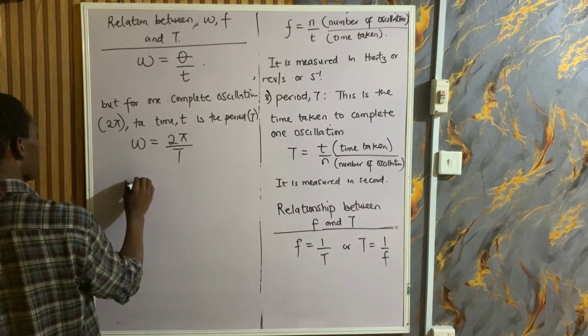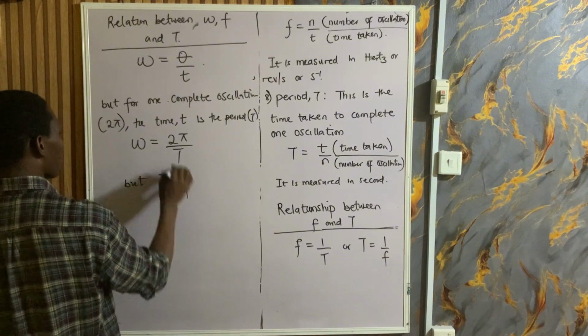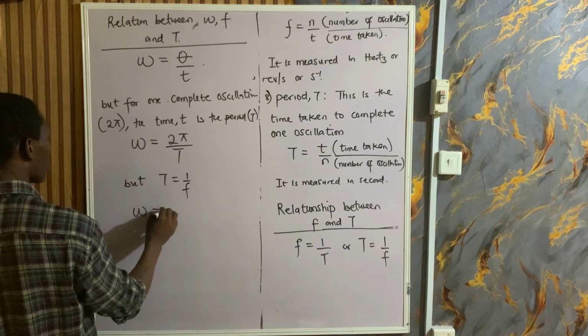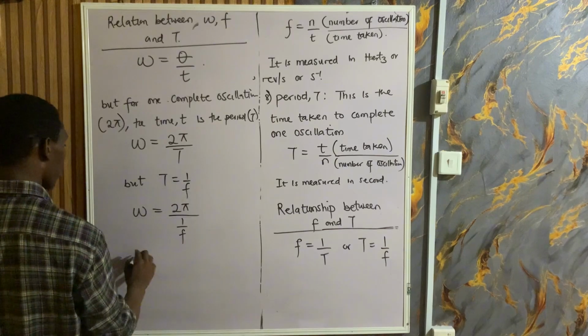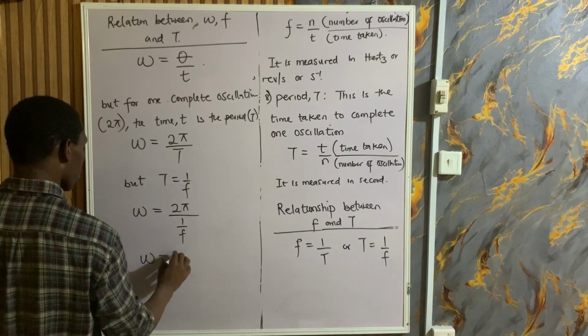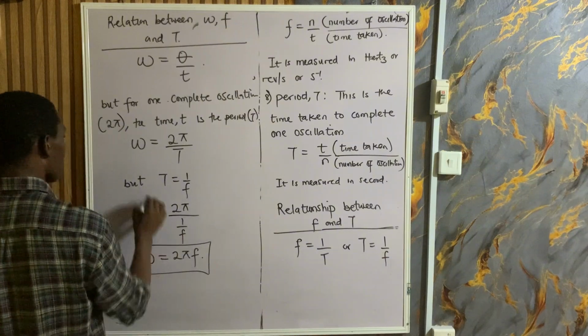But also, period is 1 over f. In that case, angular velocity omega will be 2 pi over 1 over f. This f will jump up, and omega will become 2 pi f. So this is the relationship.